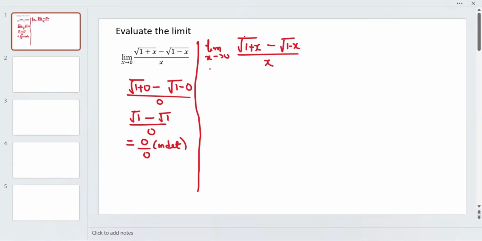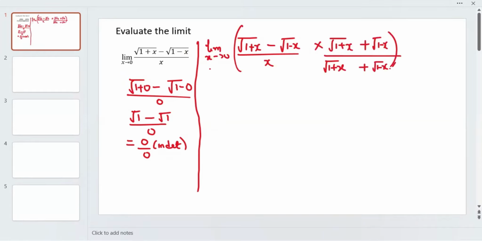I'm going to multiply this by the conjugate. The conjugate of this will be square root of 1 plus x plus square root of 1 minus x, over square root of 1 plus x plus square root of 1 minus x. You might be wondering why I am doing it like this. This is to ensure that I maintain the neutrality of the function.